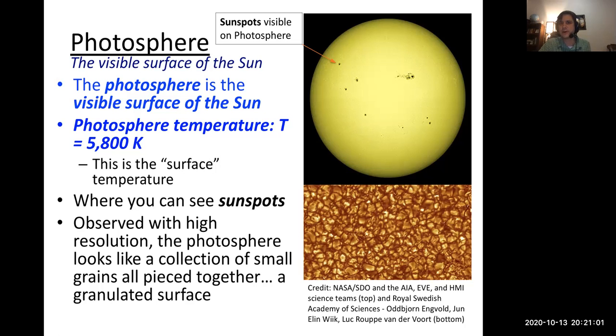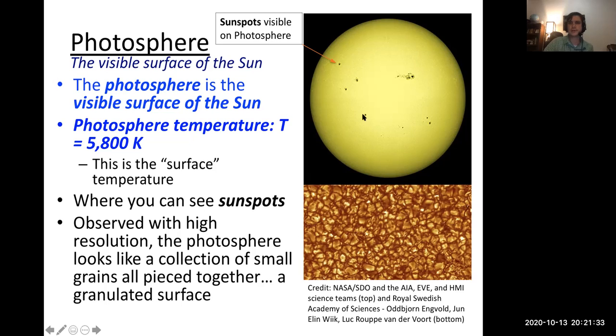So picture 500 kilometers on top of 696,000 kilometers down to the center, which gives us this nice thin layer that looks like a surface. It has a temperature of 5,800 Kelvin and is acting like a black body. Therefore, it gives off thermal radiation, a black body spectrum, with a temperature of 5,800 Kelvin.